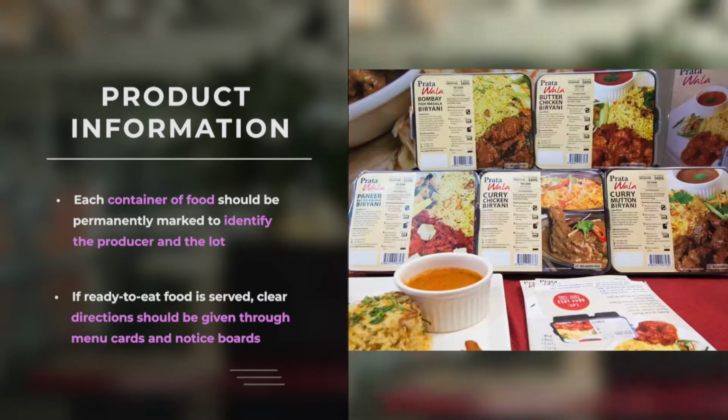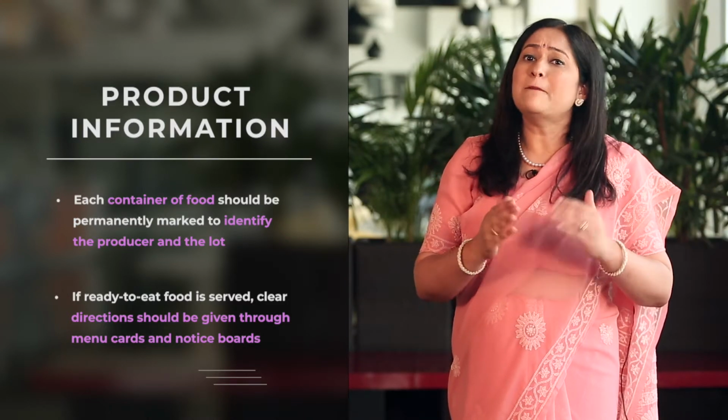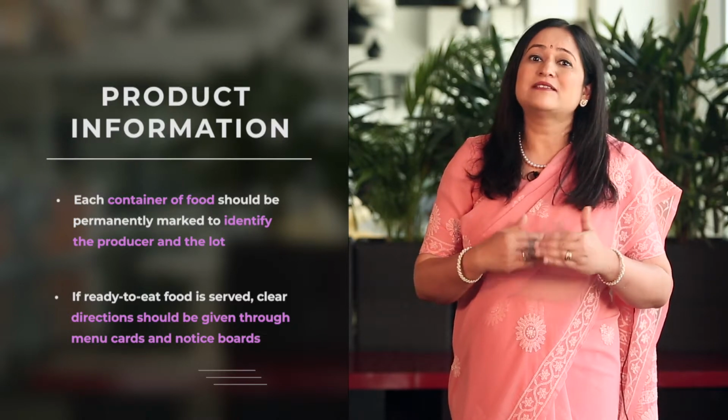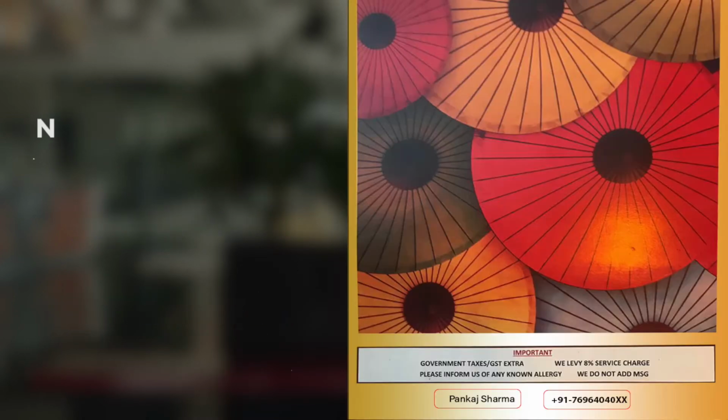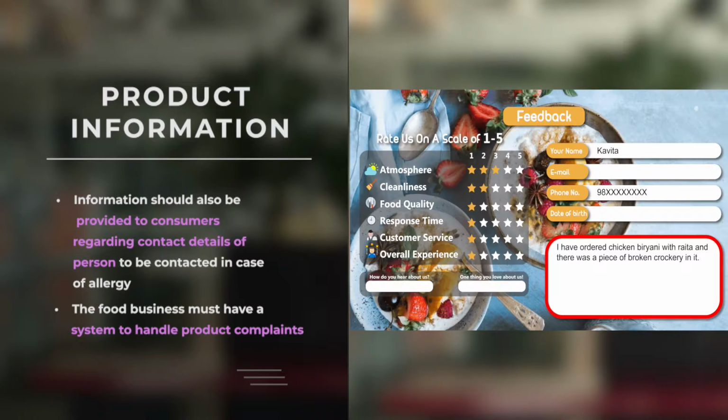In case of ready-to-eat food that is served, appropriate directions should be given through the menu cards and notice boards. Information also should be suitably given to the consumers regarding the contact details of the person to be contacted in case of allergies. The food business must have a system to handle product complaints.